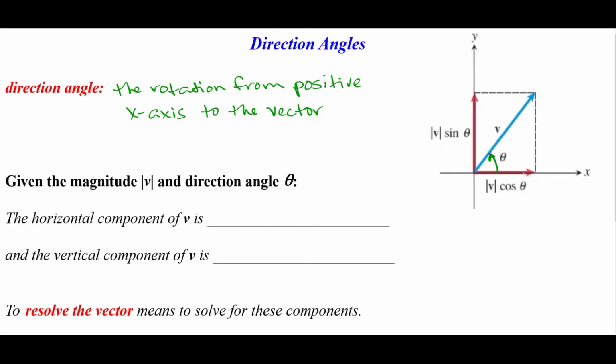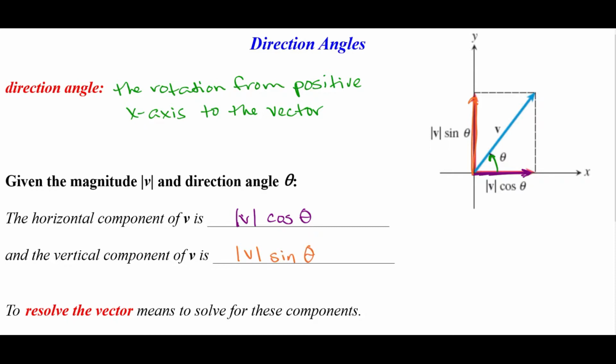My horizontal component would be this segment here. To find that, we take the magnitude of the vector times the cosine of theta, because remember, the cosine value is your horizontal component. And the vertical component is going to be the magnitude of v times the sine of theta.